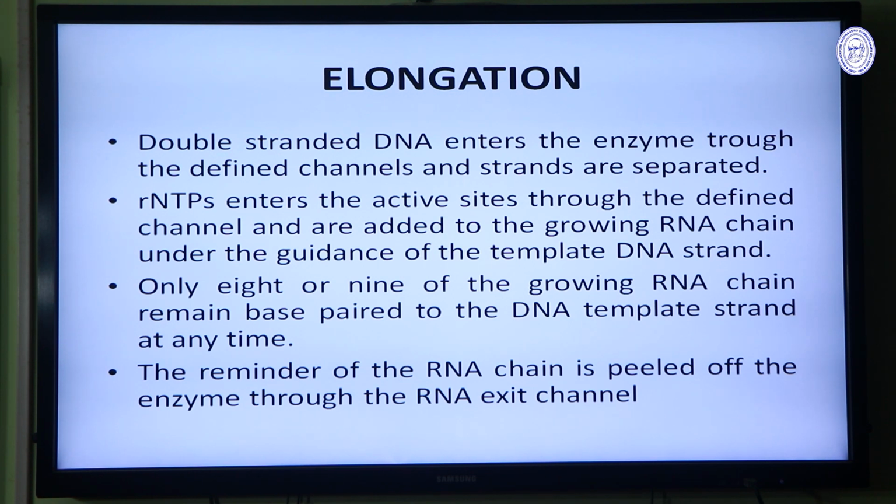The RNTPs enter the active site through the defined channel and are added sequentially to the complementary base on the template DNA by hydrogen bonding, and phosphodiester bonds are simultaneously formed. Only 8 or 9 nucleotides of the growing RNA chain remain base paired. So, how many RNA nucleotides will be base paired with the template strand? That is mainly 8 to 9 base pairs, and the rest escape through the RNA exit channel.